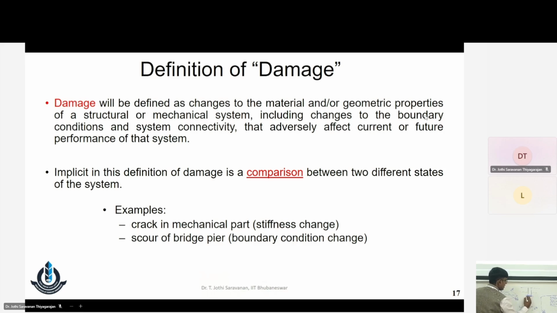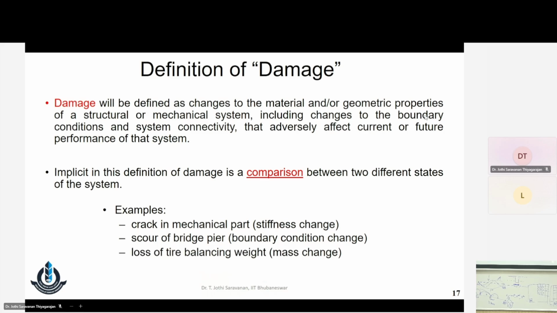If you imagine there is a disconnection between the land and the bridge pier, what will happen? There will be some deformation, right? It will sink. This is called bridge scouring, which is a major issue, at least in the coastal zones. This is called a boundary condition problem. Completely you are detached from the system.